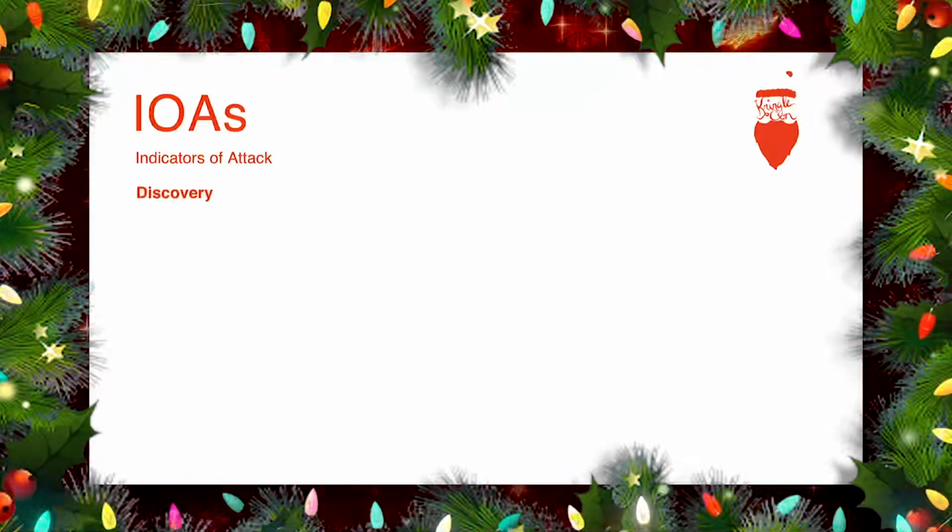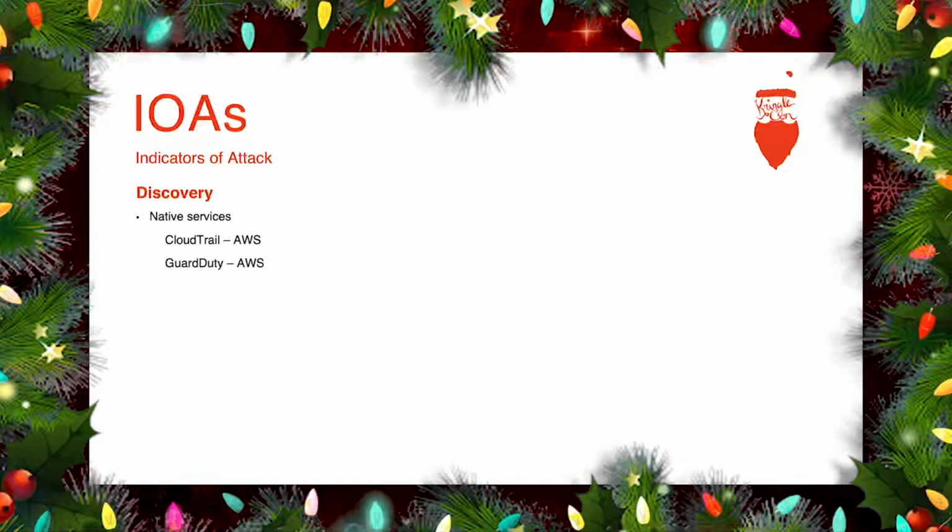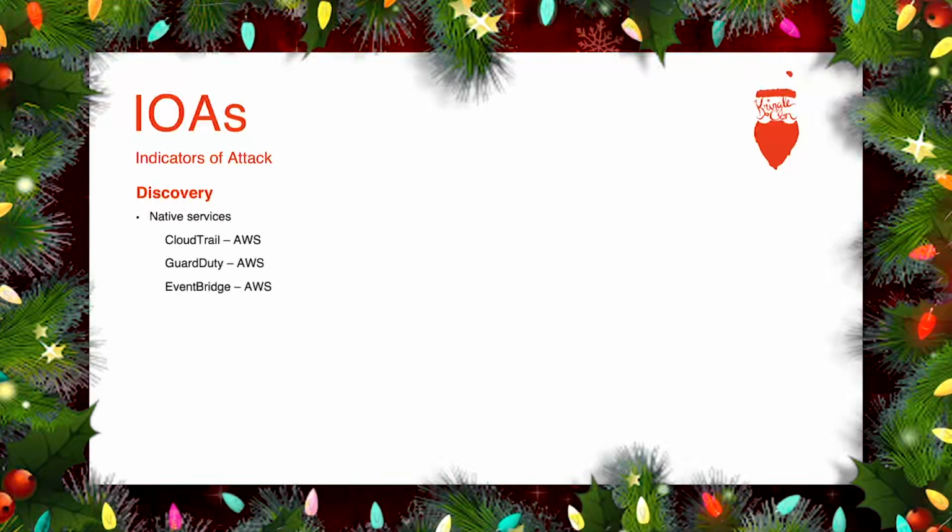Discovery of IOAs is a lot different than IOMs. There are cloud native services like AWS CloudTrail and AWS GuardDuty to monitor logs that might be flowing through CloudTrail and other sources, and Amazon EventBridge, to build your own detections and respond to events and patterns that you might see in an environment that aren't already built into something like GuardDuty.